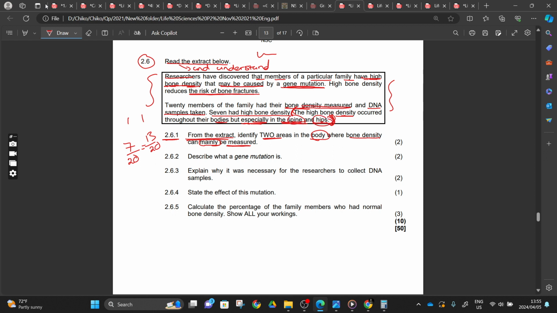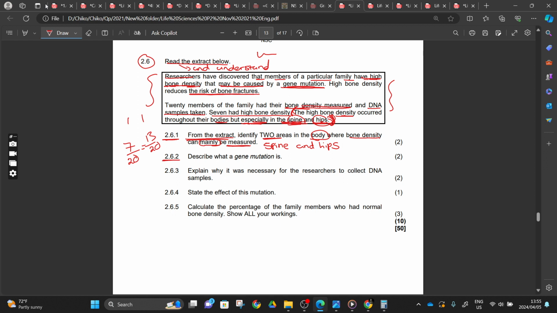So this spine and the hips, that's where we are going to be able to measure this bone density. We can measure it everywhere, but because it is especially on the spine and the hips, that's where we can mainly measure this bone density.